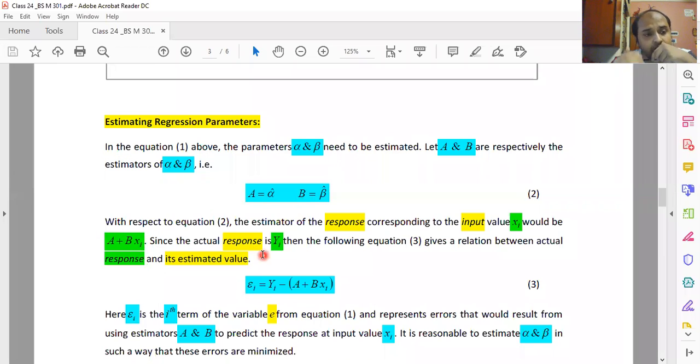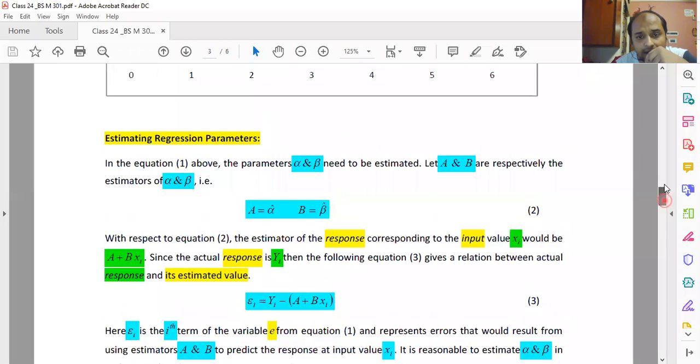And for each of these i's, the value of capital Y also keeps on changing. And therefore, we will get an equation like yi equal to A plus B xi.